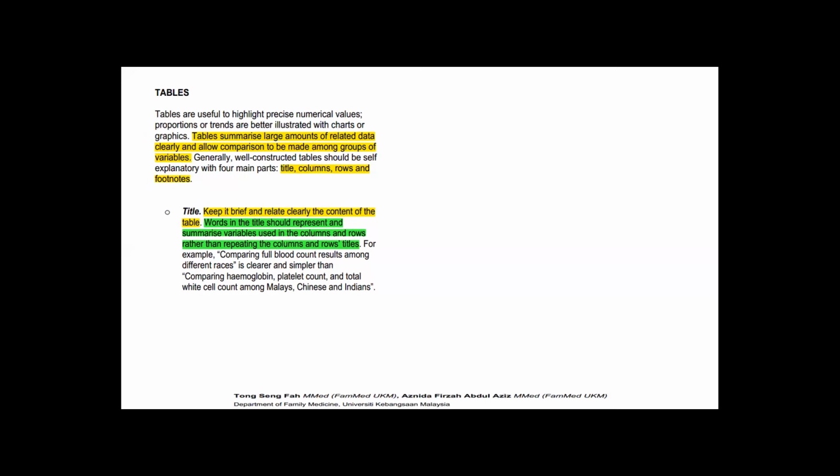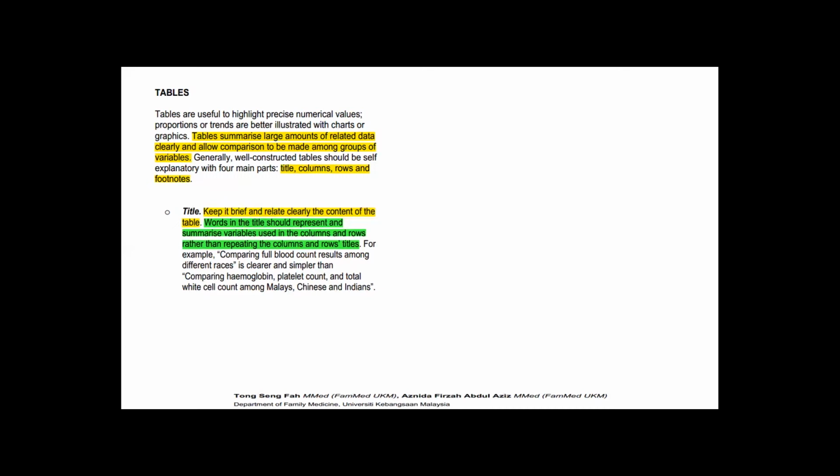Now, it is more appropriate to present it as comparing full blood count results among different races, instead of comparing hemoglobin, platelet counts, and total white cell counts among Malays, Chinese, and Indians.